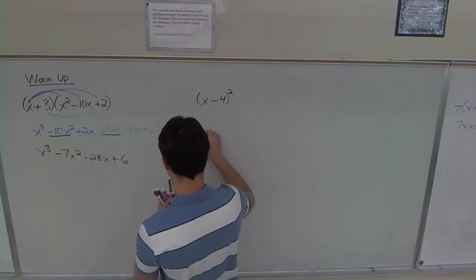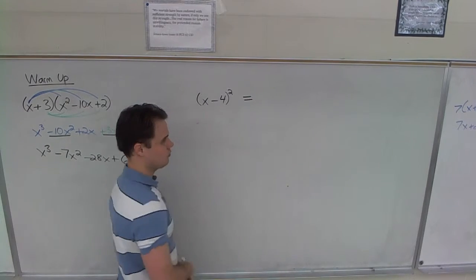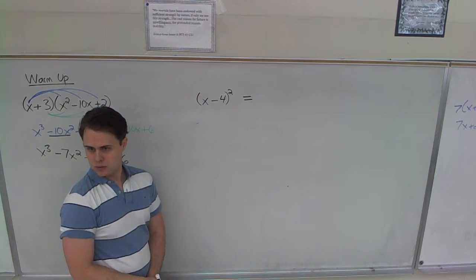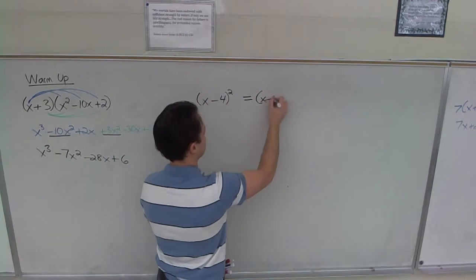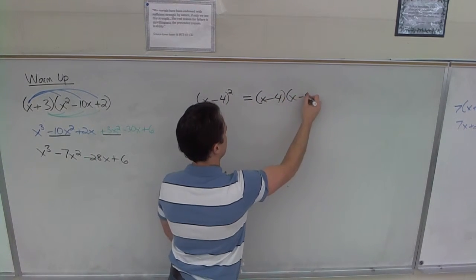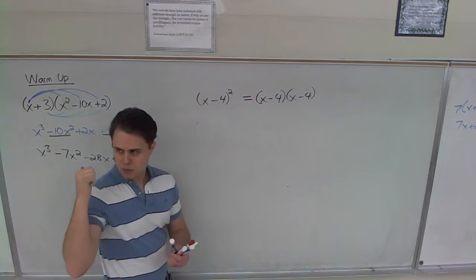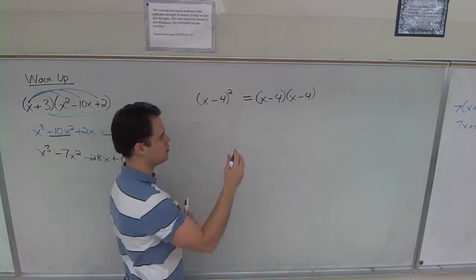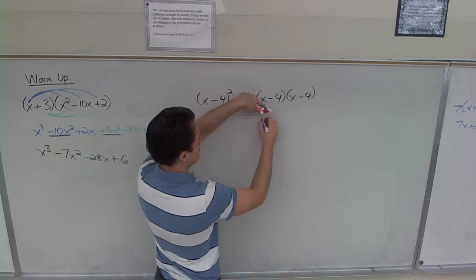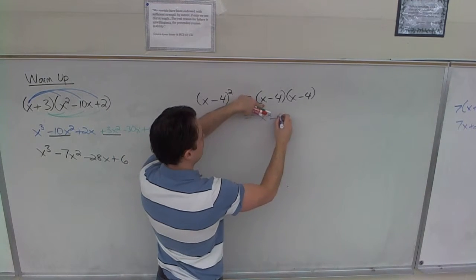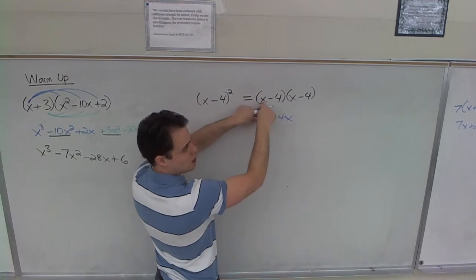What's my first step? Write it again. X minus 4 times X minus 4. Plus. Good. And then you distribute. And then we do the same thing we just did, right? So I'm going to do it quickly this time. So x times x, x squared, minus 4x. That one's done.